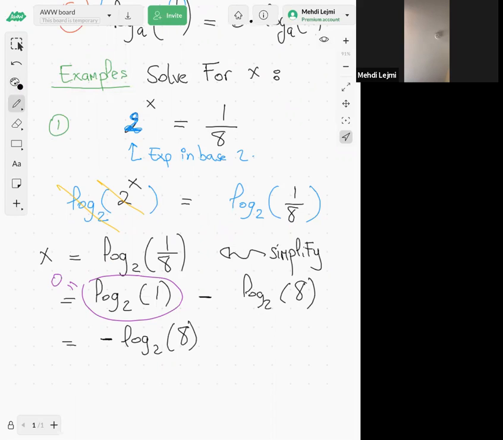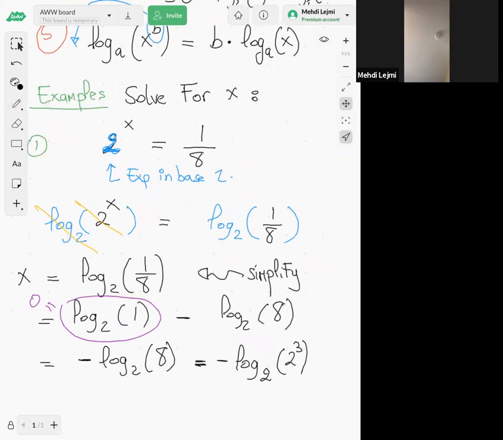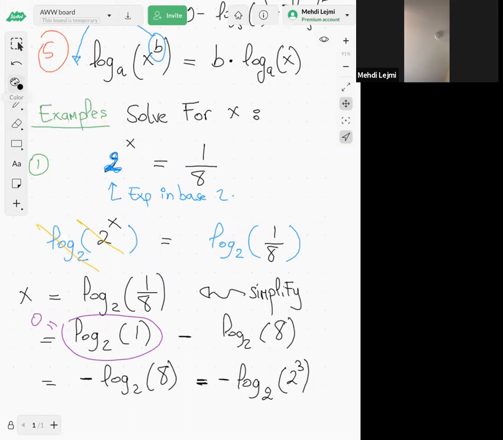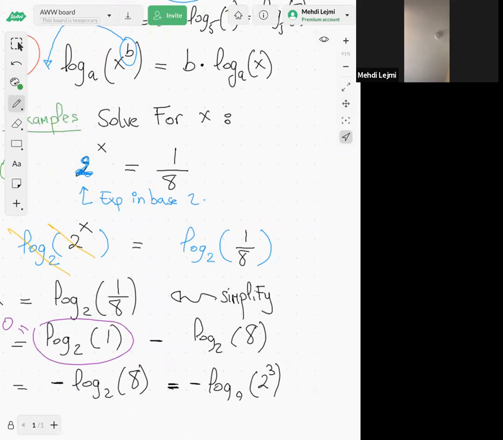But then we can also write 8 as 2 to the power 3, right? So this is minus log in base 2 of 8, and 8 is 2 cubed. Remember guys, we said if you have log of x to the power b, then you can just bring down this power b in front of the log.